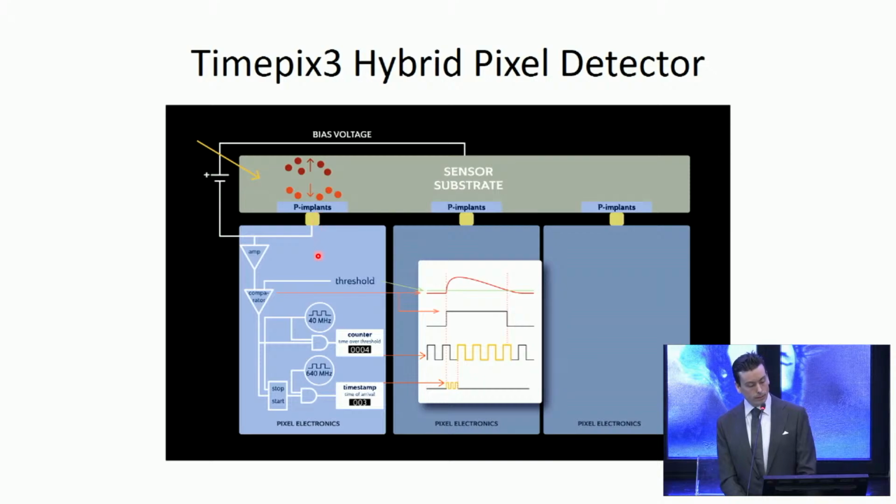And this charge is then, through analog and digital electronics, being counted. The Timepix3 is special in that it can count this signal in two different ways. It can measure very precisely the timing of when the electron has arrived, the time of arrival, and it knows how much energy was left behind in a single pixel, the time over threshold.